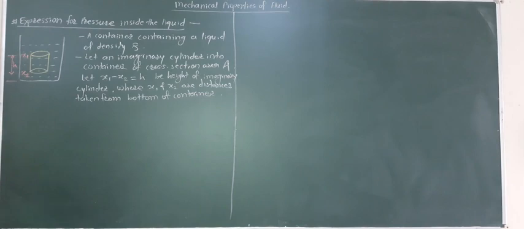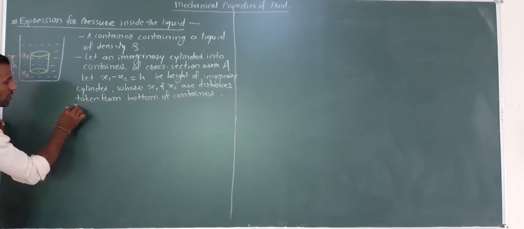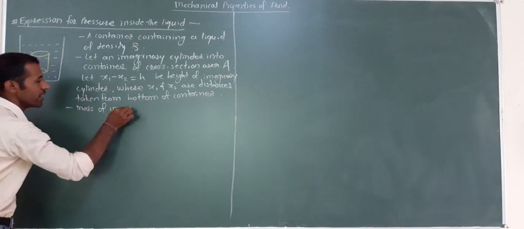Now, at the top and bottom of the imaginary cylinder there is liquid above and below. Before that, let's calculate the mass of the imaginary cylinder.